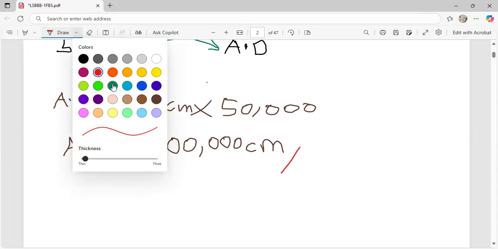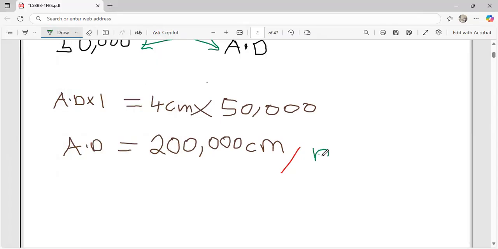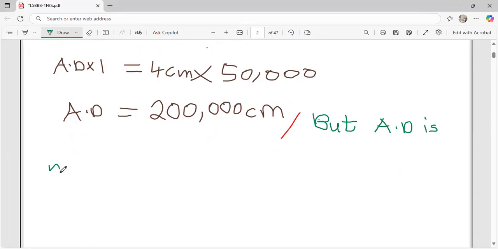But actual distance is measured in what?